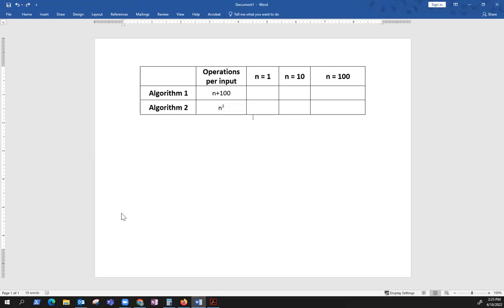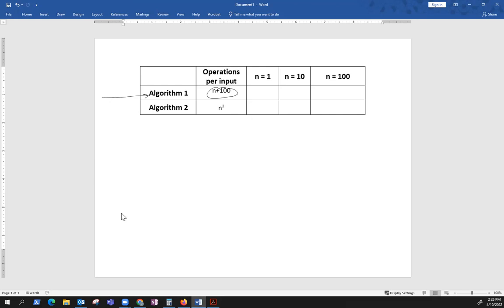So let's suppose that this first algorithm, which we call algorithm 1, if you input n inputs, runs in n plus 100 operations.